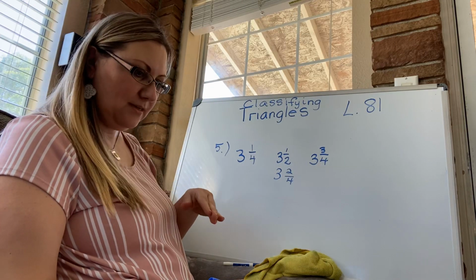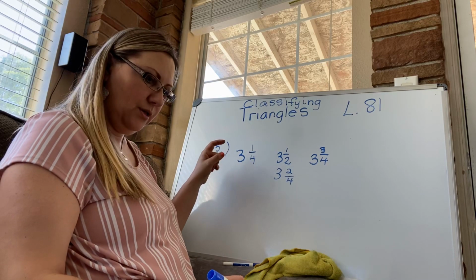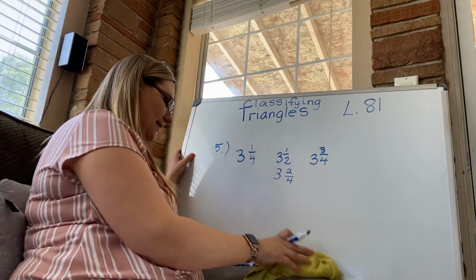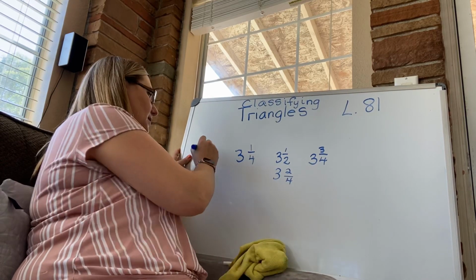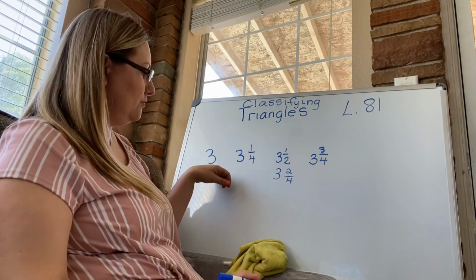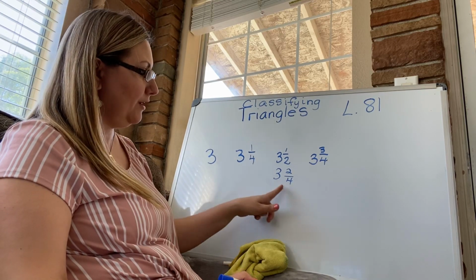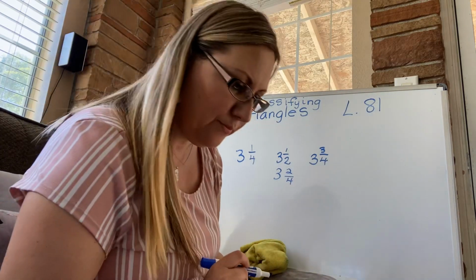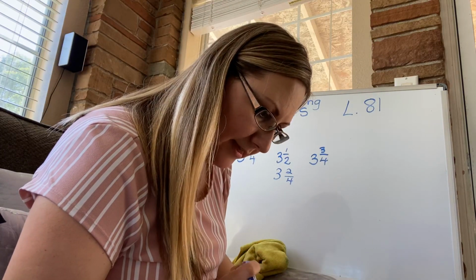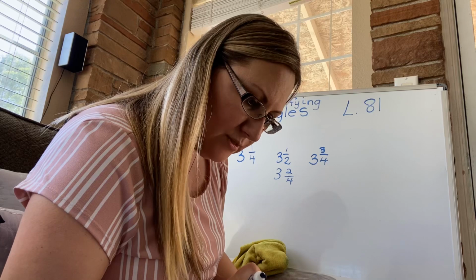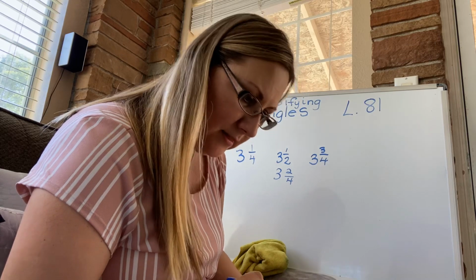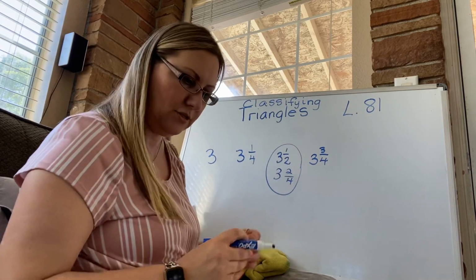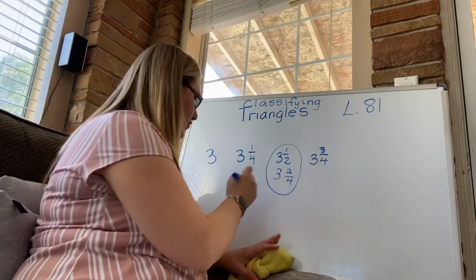So is it closer to 3, 3 1/4, 3 2/4, which is the halfway mark, or 3 3/4? So let me take a good look at this. It says to the nearest quarter of an inch. It looks to me like it is closest to 3 1/2 inches.